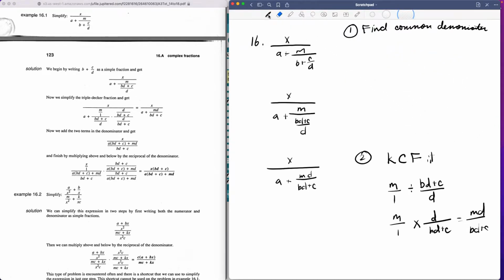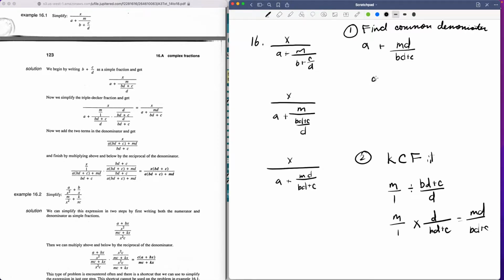And usually we go back and forth between the two things. So now we're going to find a common denominator, and the common denominator here with a plus md over bd plus c, the common denominator is going to be bd plus c. So ultimately all we have to do is multiply this by bd plus c.